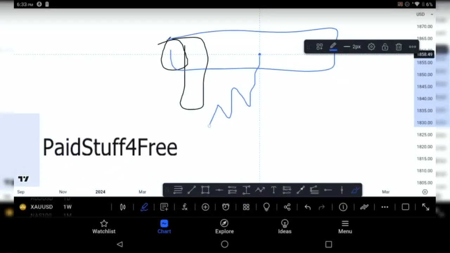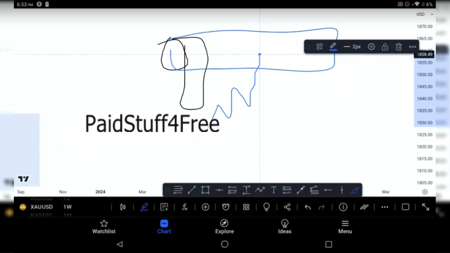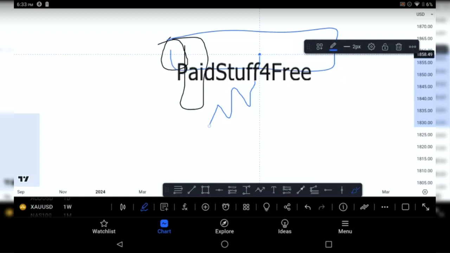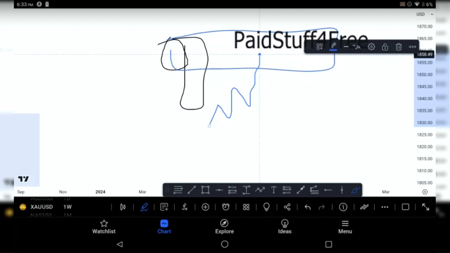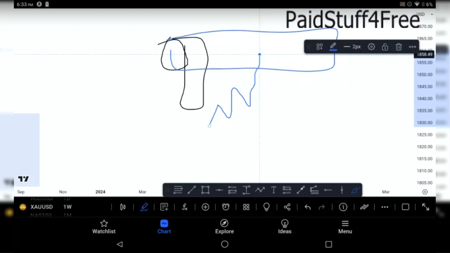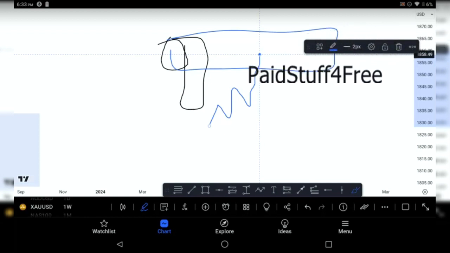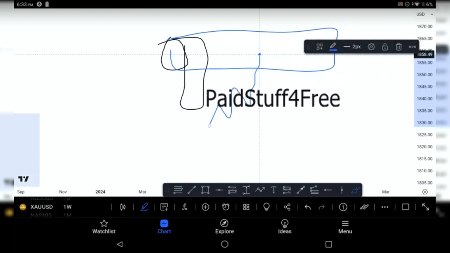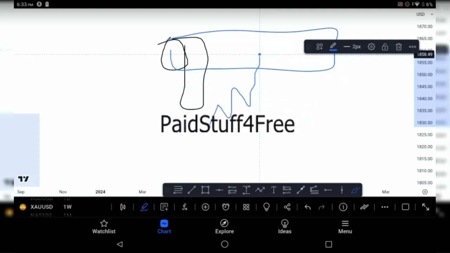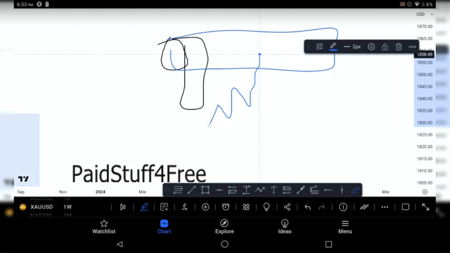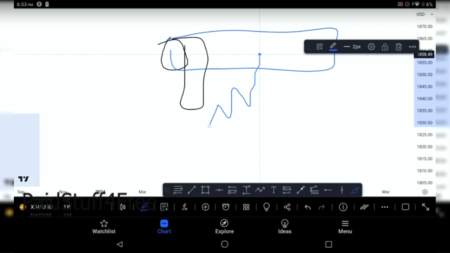We need a weekly one time frame confirmation, which is a weekly engulfing sell. Now, that weekly engulfing sell being formed, we need a daily engulfing sell as the one time frame confirmation. Now, that one time frame confirmation, which is our daily engulfing sell that has been formed, shows that there was a break of structure on 4 hours.